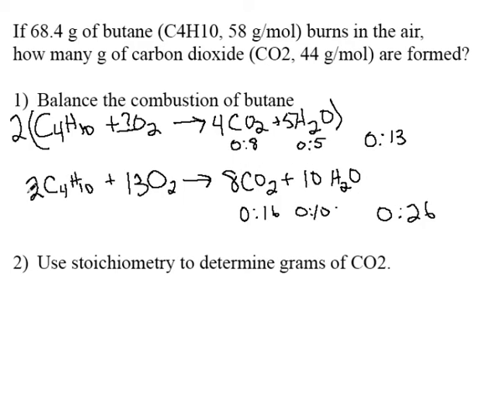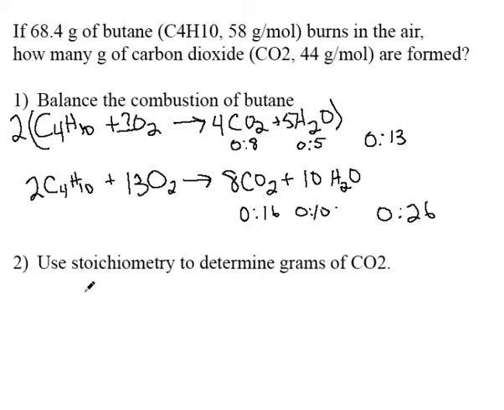Now that we know the balanced chemical equation, we can use stoichiometry to determine the number of grams of CO2 that will be produced when some number of grams of butane burn. Just like in the examples of converting grams to moles or moles to grams, we start with what we have.